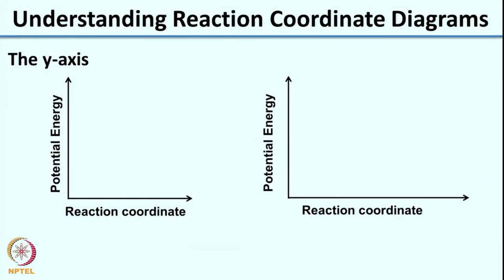Coming to the y axis, it is the potential energy. When I am writing a reaction coordinate diagram, I will again look at the case I had shown in the previous slide. So I have the diagram which looks like this.